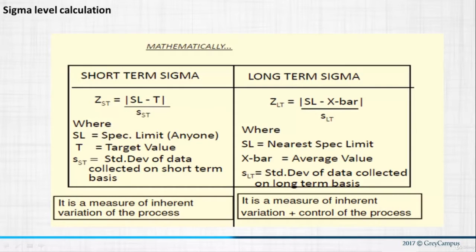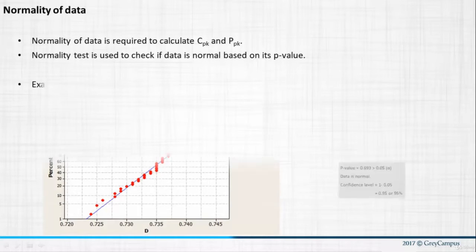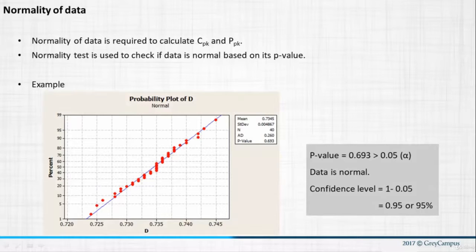So remember that your data must be normal in order to calculate a proper Cpk or Ppk. Normality test, you can see here, is your data against the normal line.